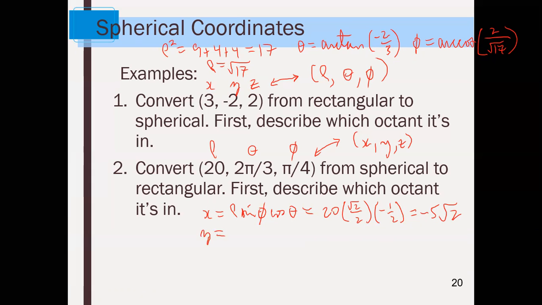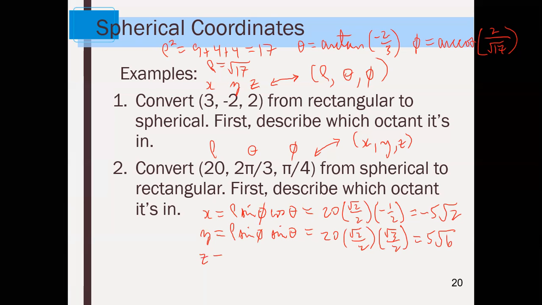The y coordinate is rho sine phi sine of theta, which is 20 square root of 2 over 2. What is the sine of 2 pi over 3? That's the same as the sine of pi over 3, which is square root of 3 over 2. So it's going to be 5 times the square root of 6, since square root of 2 times square root of 3 is the square root of 6.